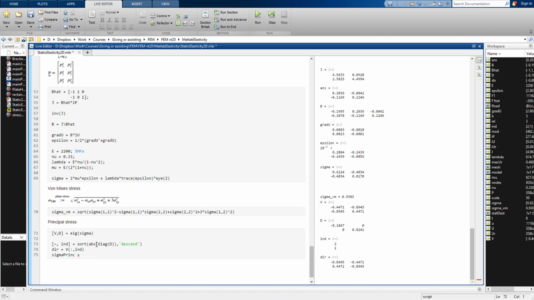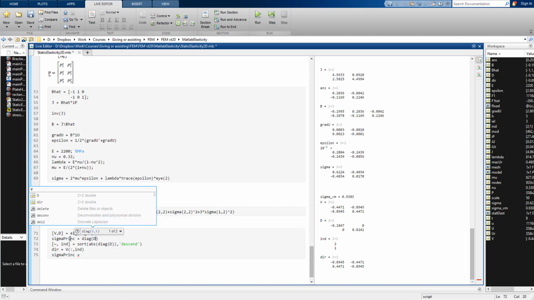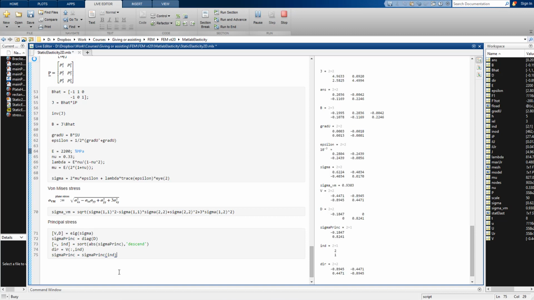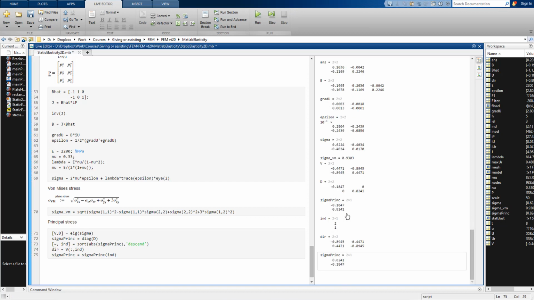So I'm going to do sigma prints equal to diag d. I can use this in here, and I can do sigma prints is equal to sigma prints int. There we go. So this is my sigma principal before reordering, and this is my sigma principal after reordering.